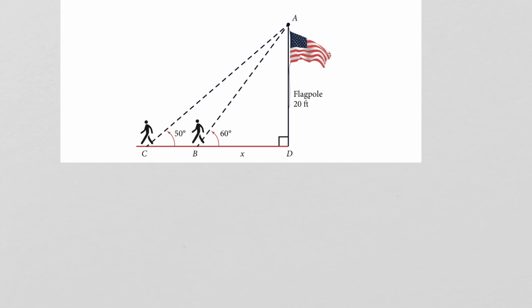Once you have the diagram, it's not too bad to solve it, because I want you to notice that you have a right triangle here, and x is the distance from point B to the flagpole, so we're going to solve for x. And to do that, we can use trigonometry. So if this angle is 60 degrees, 20 is the opposite side, and this is the adjacent side. And so that means the tangent of the angle 60 degrees is the opposite side 20 divided by x.